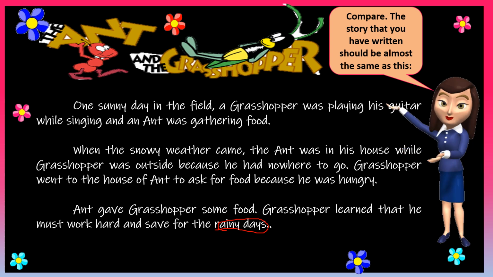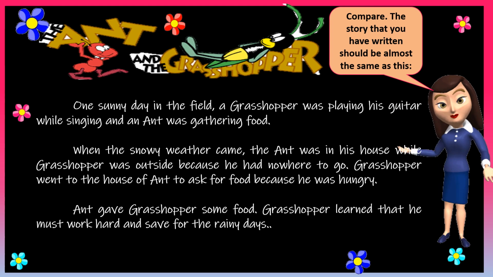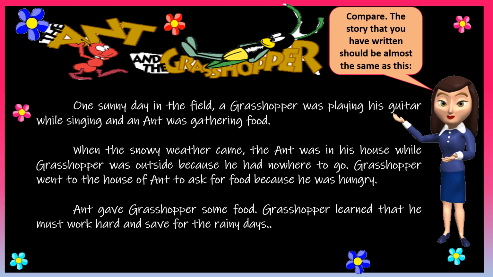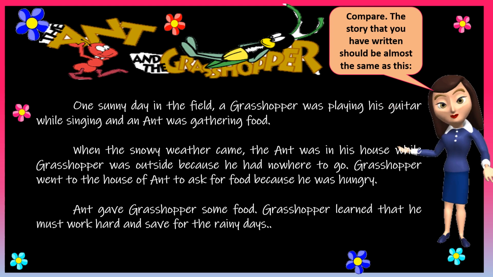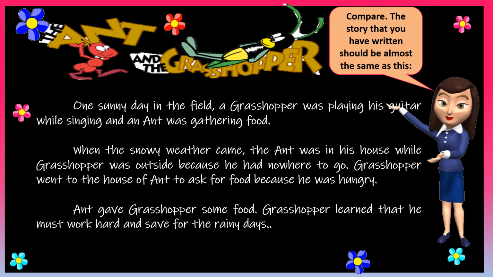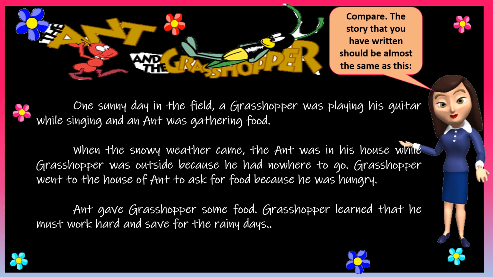Alright, anyway, let's leave that as that. And of course, do not forget to write the title of your story. So, the title of the story is The Ant and the Grasshopper. Alright, that's awesome. Let's move now to the next slide.